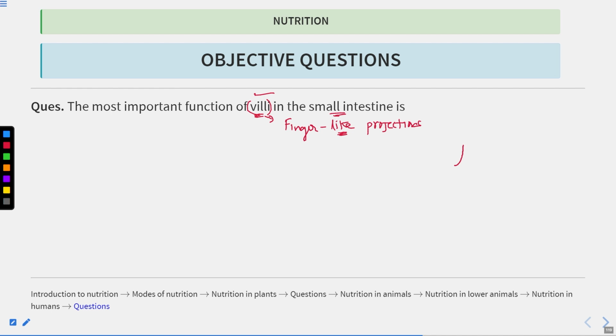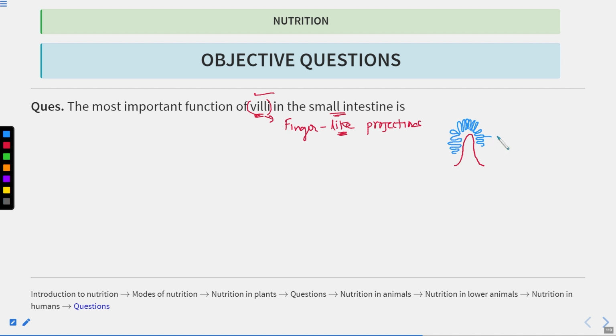This is a very simple, rough sketch that I am drawing of the villi. So villi look like this. These are the finger-like projections. These are known as the villi, and on villi further these microvilli are present.